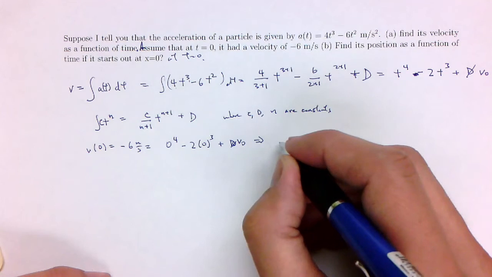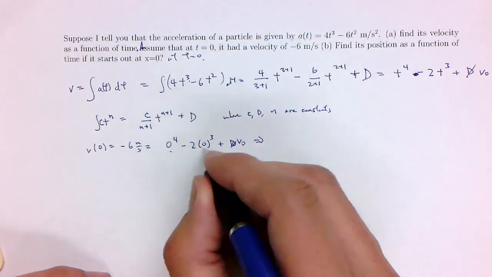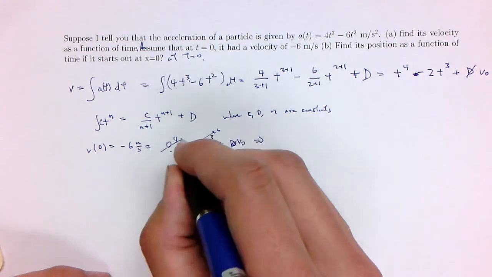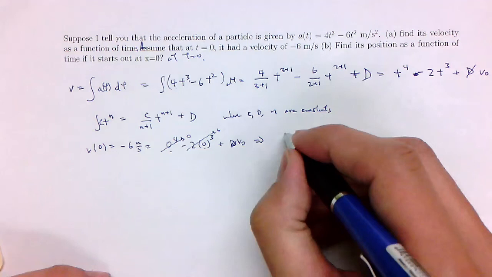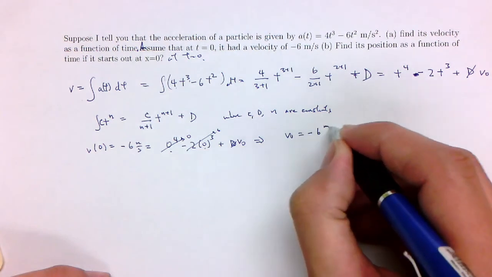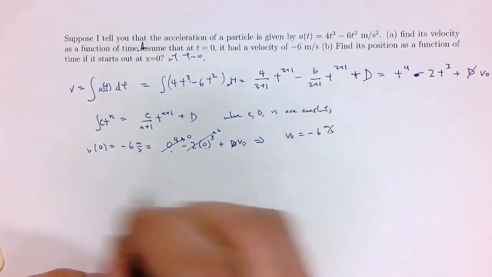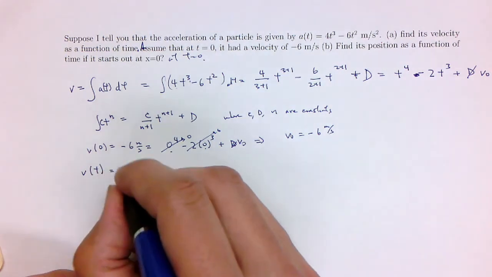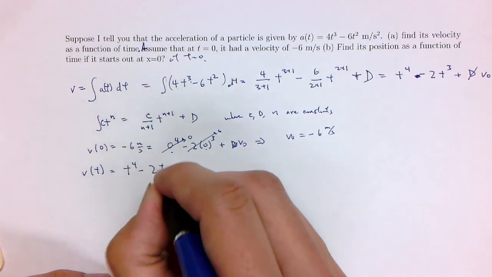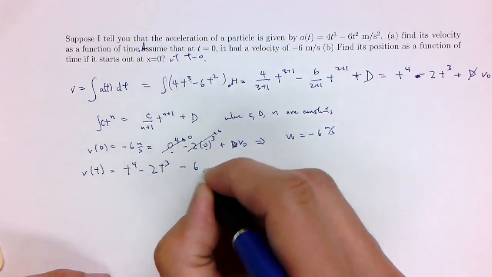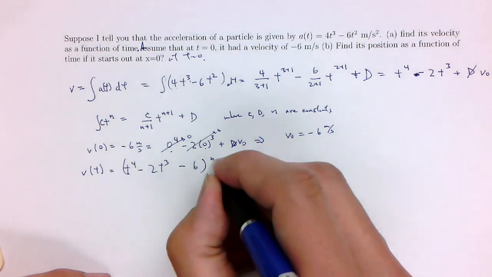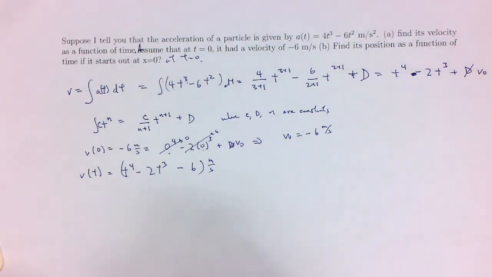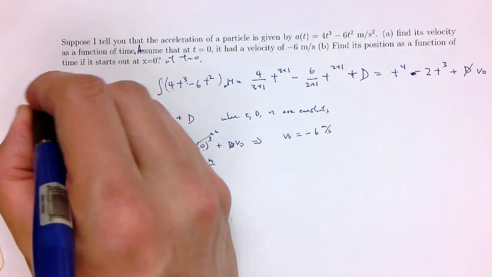This is going to be 0, that's 0, that's 0, and so you have v0 is equal to minus 6 meters per second. When we write down the final answer, v as a function of t is equal to t to the 4th minus 2t cubed minus 6, entire thing, meters per second. Beautiful. That's part A.